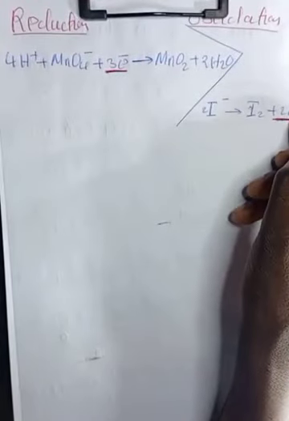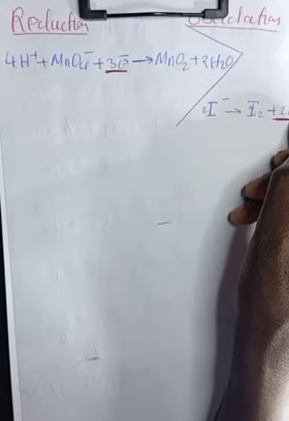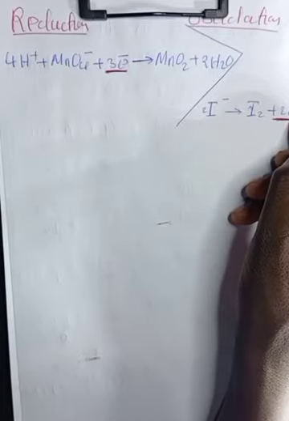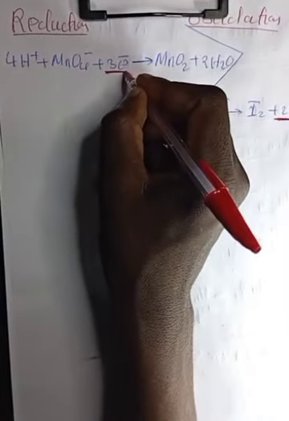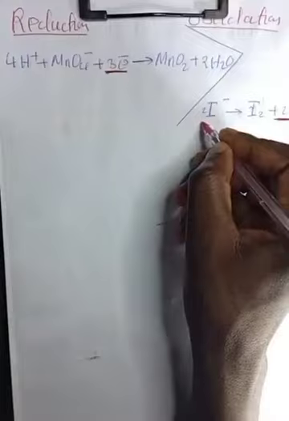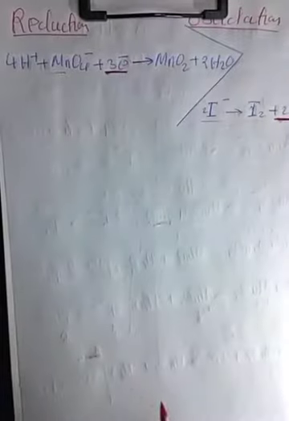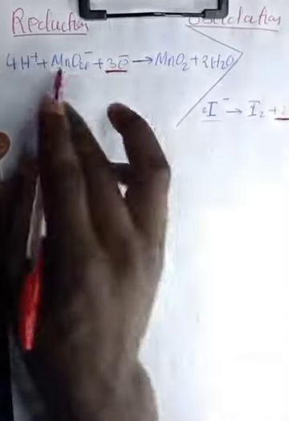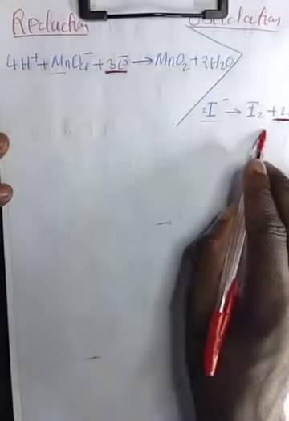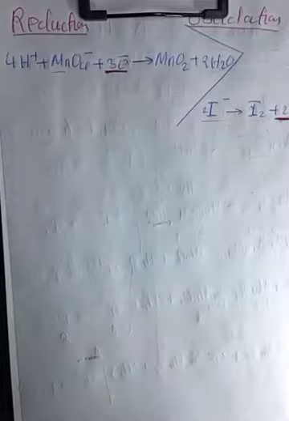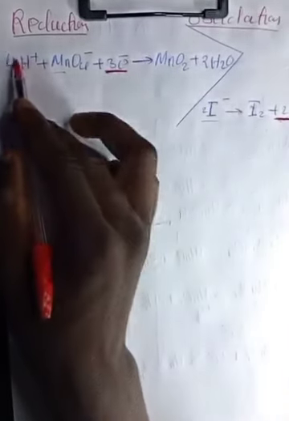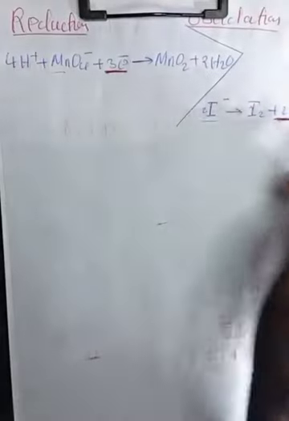If these are not the same, always make them the same. The number of electrons here is going to multiply this reaction, and the number of electrons here is going to multiply this reaction, so that we achieve that. So 2 will multiply this reaction, 3 will multiply this reaction, so that we can get an equal number of electrons. And that multiplication will affect everything in the reaction.